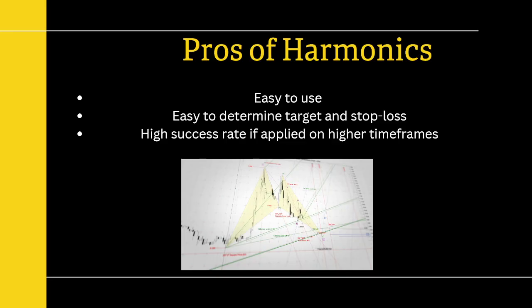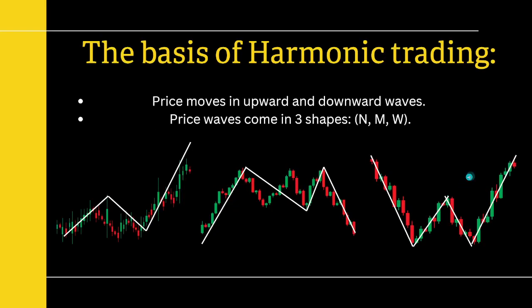Any strategy you see on a high time frame, even if it is a chart pattern, an indicator, or a divergence, when things start to develop on higher time frames, the likelihood of it happening and being accurate is more probable. So this is not really a pro, but harmonics are good at having a high success rate, especially when applied on higher time frames.